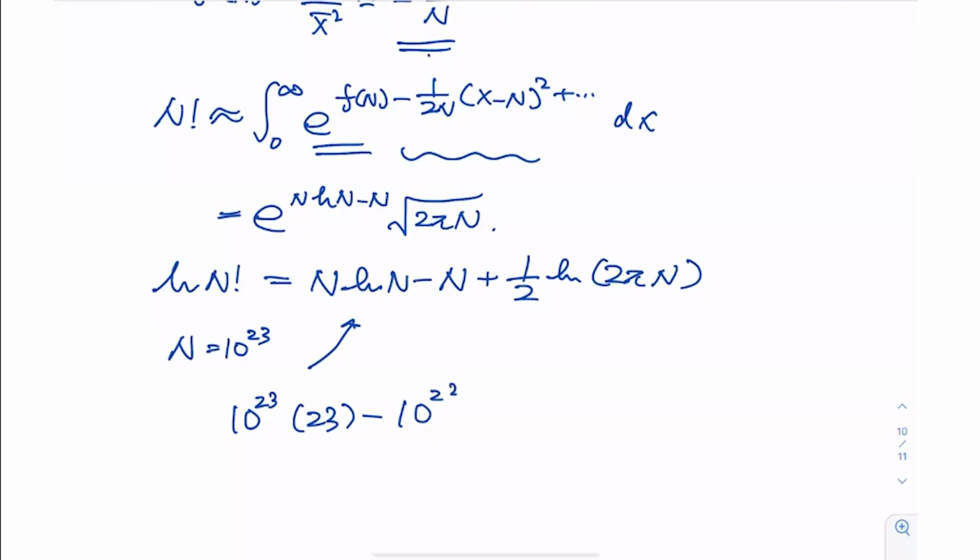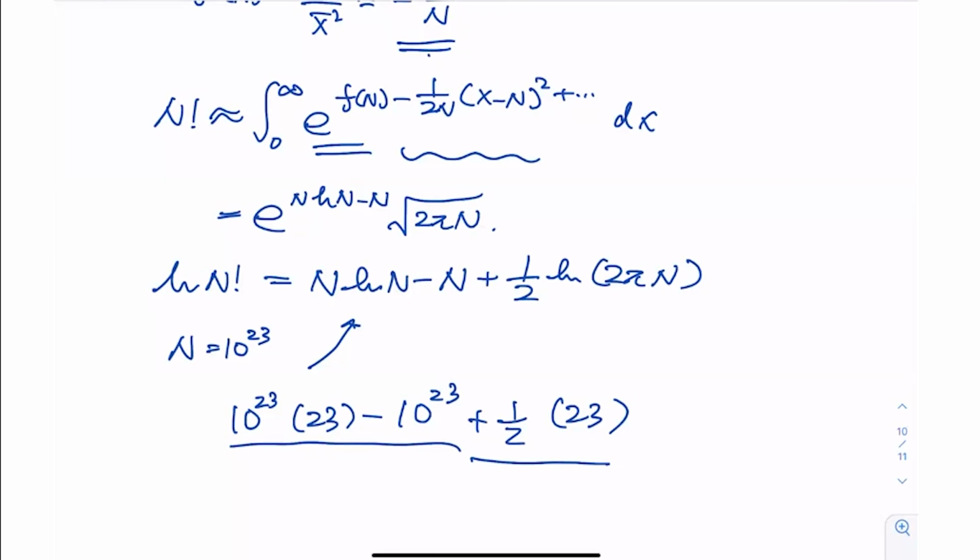And then you subtract 10 to the power of 23 and a half natural log of something. But anyway, it is something of order 23. Then you'll see that this thing is basically irrelevant. We don't care about that. The most important thing basically comes from the first two terms.